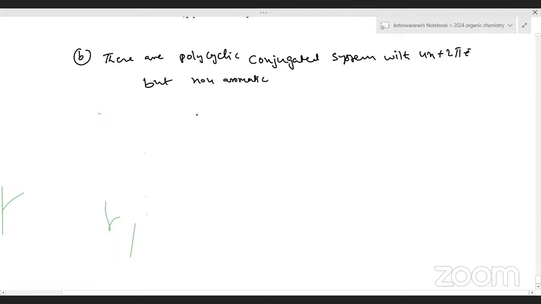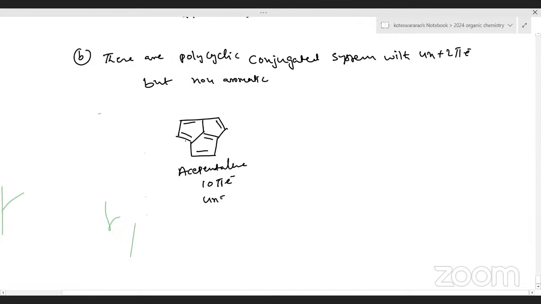How is it? I am taking acepentalene. This is the acepentalene. How many pi electrons do we calculate? Acepentalene has 10 pi electrons, correct? 1, 2, 3, 4, 5, 5 into 2, 10 pi electrons.